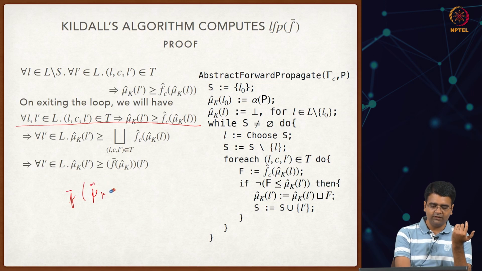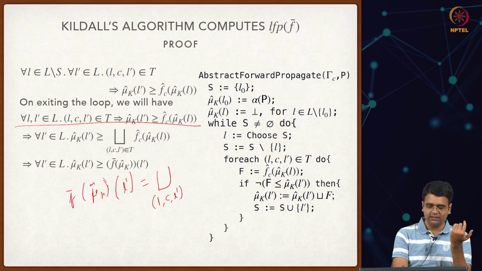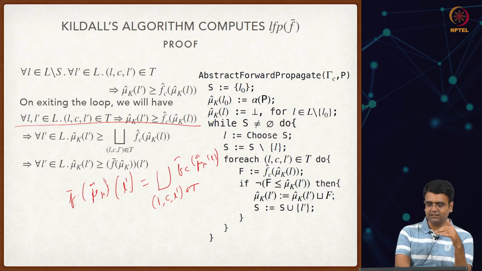if you apply f bar on mu hat k and then you take the value at the location L prime, this is nothing but the join of, consider every predecessor L of the location L prime, and then apply f at C to mu hat k of L. Okay. So this is the definition of the function f bar, it just encodes the data flow equation.